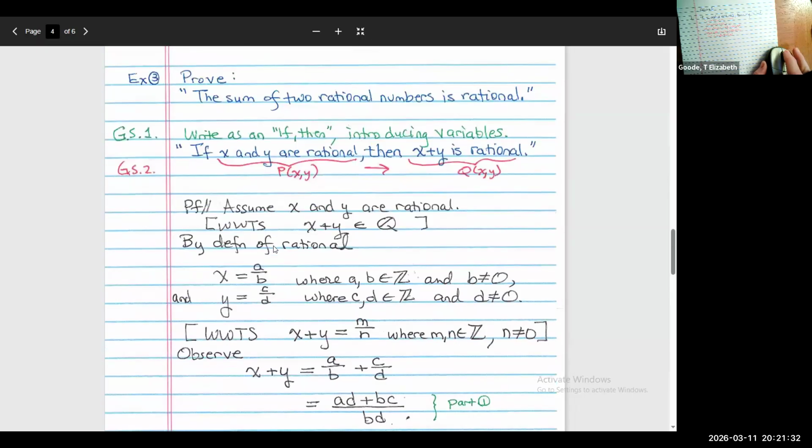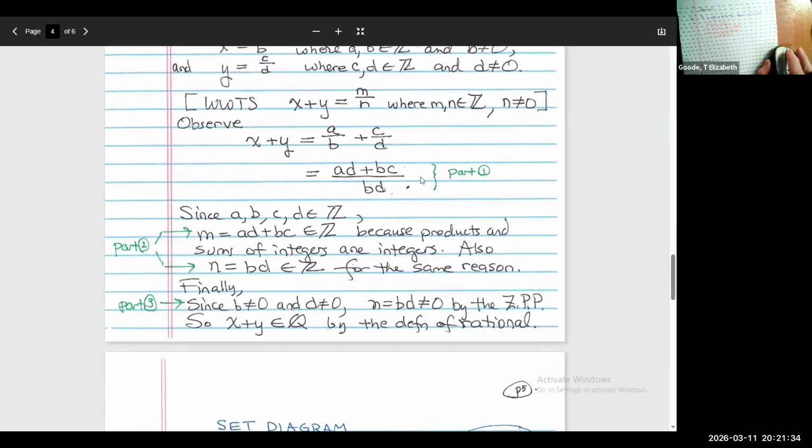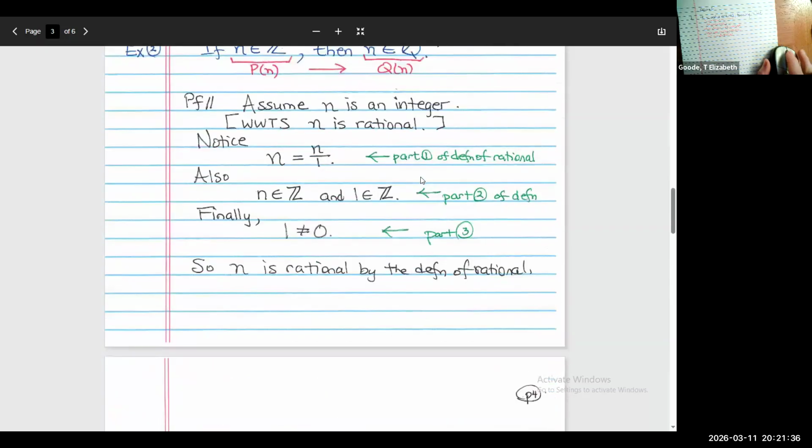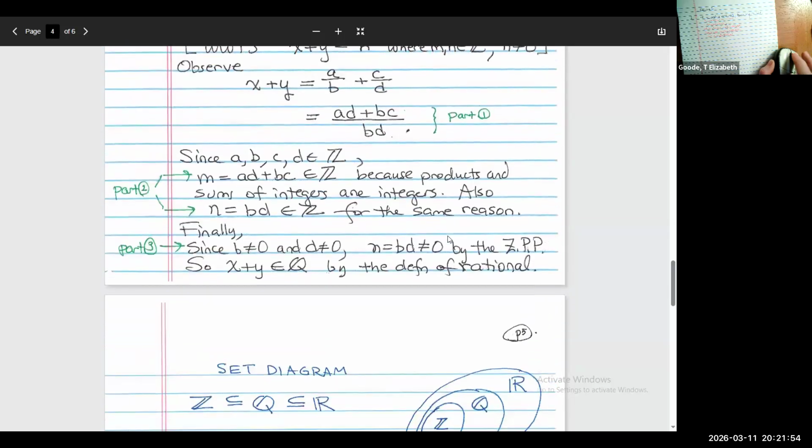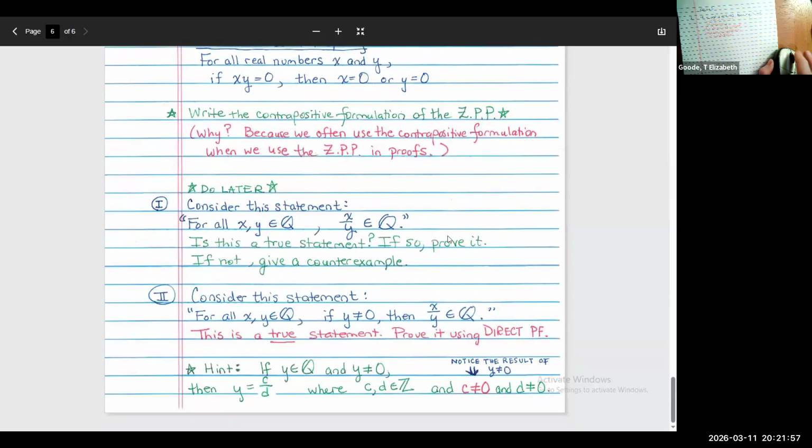Here it's the definition of rational, which we gave right here in these notes. And it's a three-part definition. So if you're asked to show something is rational, you have three things you have to do before you can say, yes, that is rational. Okay, so the class notes are a great place to start.